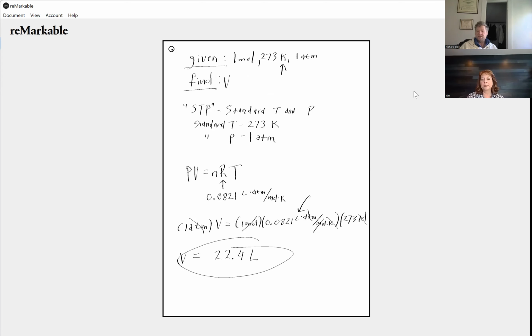Now, I wanted to do this example, frankly, because some chemistry teachers have students memorize this constant: 1 mole of gas is 22.4 liters. They use it in stoichiometry calculations.